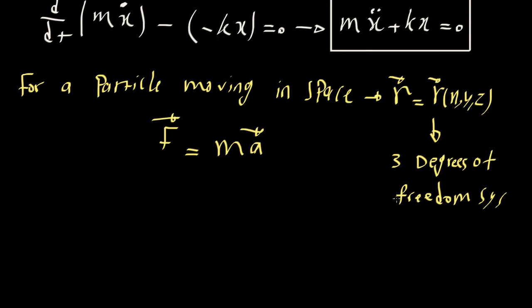I am moving toward the general format of the Lagrangian approach, and then we will show an example that makes the comparison between the Newtonian approach and the Lagrangian approach in deriving the governing equation clear.